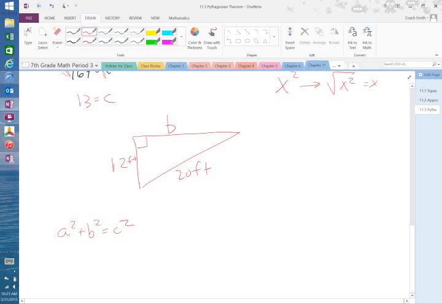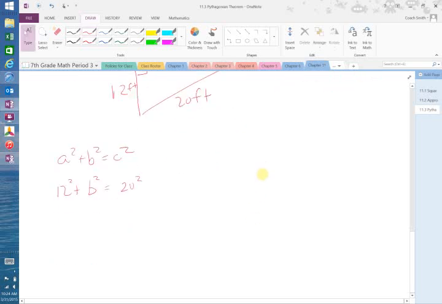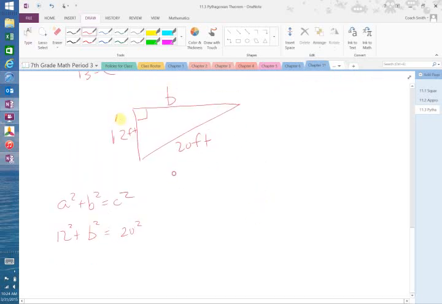You might want to get that formula memorized. 12 squared plus B squared equals 20 squared. Once again, this is A and this is C. So now I have 12 squared is 144 plus B squared equals 400.